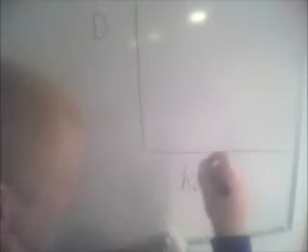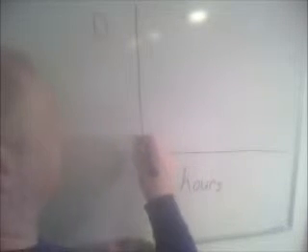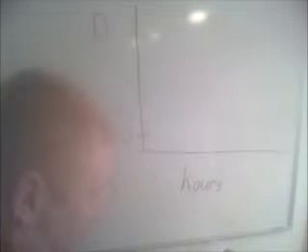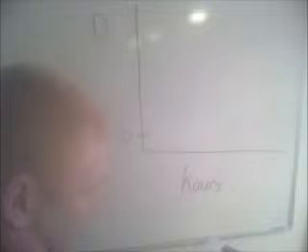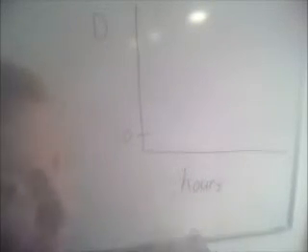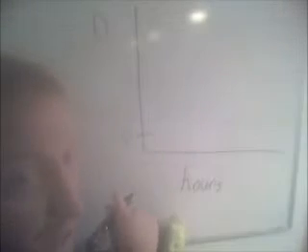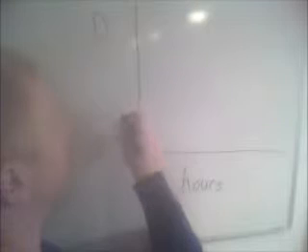Let's set this up by tens. The reason I'm doing that is because at some point in this exercise, they ask you to see how long it takes a person to travel 70 miles. So we need a y-axis that goes up to 70 miles.